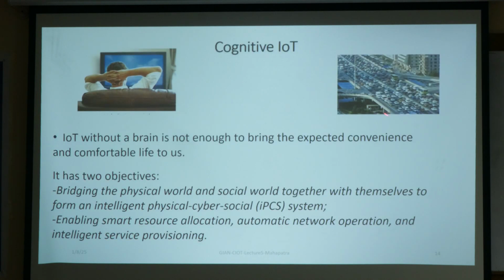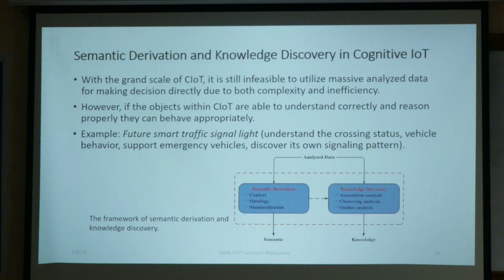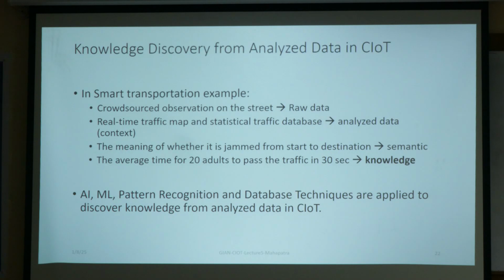This picture: people are going, there's traffic, it's kind of a standstill, they're going slow. In the smart transportation example, crowdsourced observations on the street are the raw data. What is crowdsourcing? You are driving, you have a phone, and if you have GPS, they usually find some abnormality in your driving, such as in the speed.